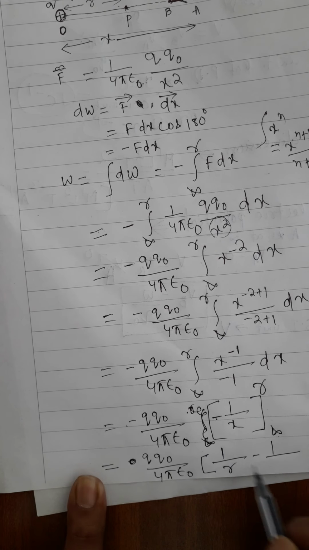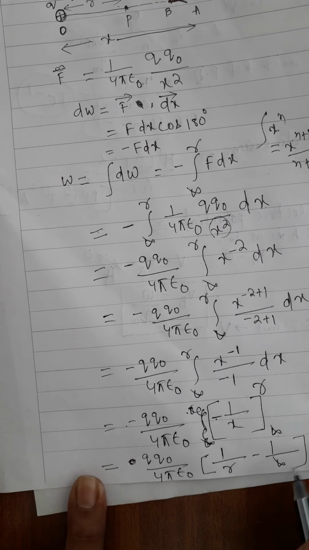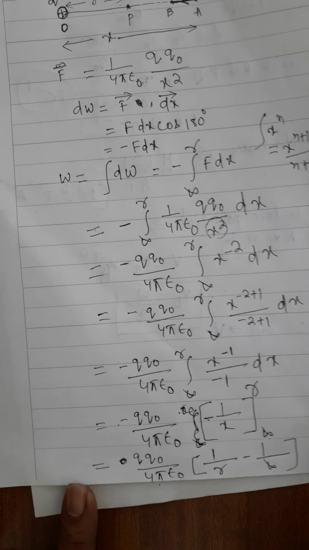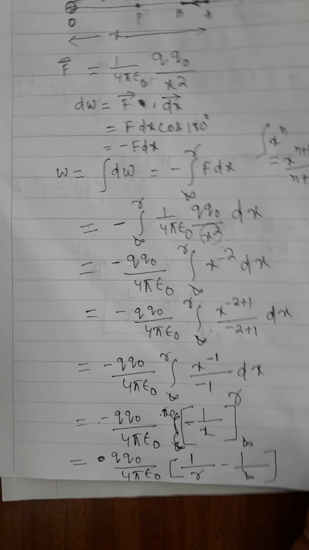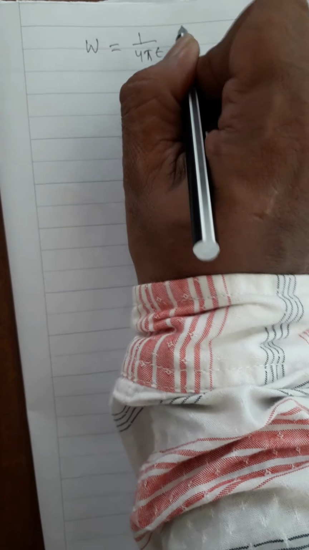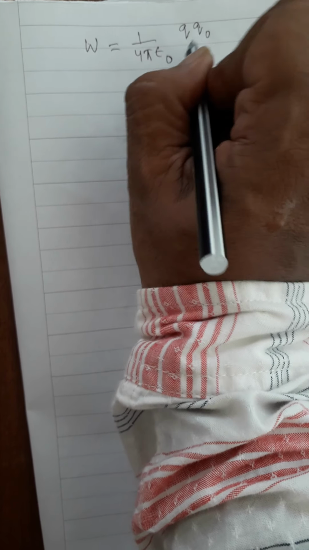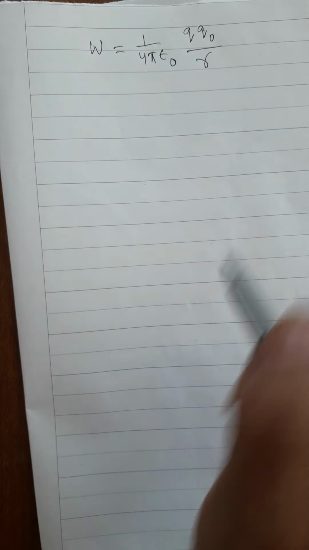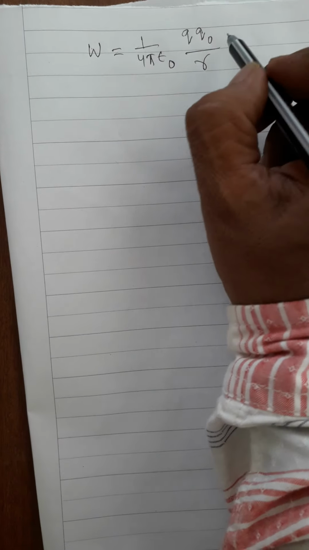Instead of x it will be infinity, and 1 by infinity is equal to 0. So the work done is equal to 1 by 4 pi epsilon naught, Q Q0 divided by r. So we found the total work done.